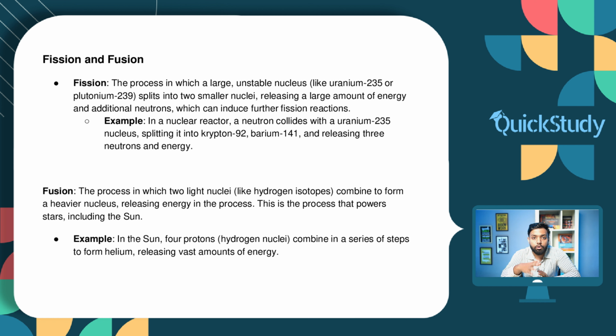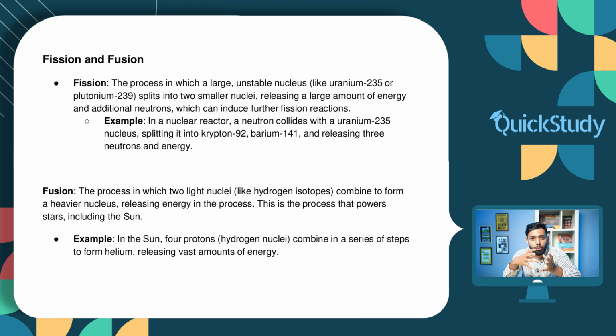On the other hand, fusion is the complete opposite. In fusion, two light nuclei come together to form a bigger nucleus, releasing energy in the process. So even when they get together, they release energy. This is the process that powers the stars, including the sun. So the sun runs through fusion.